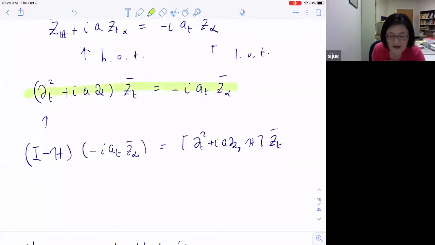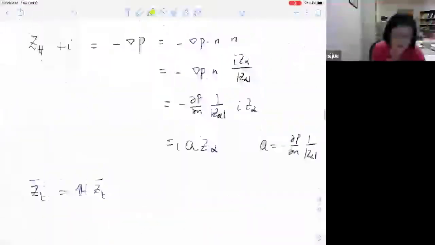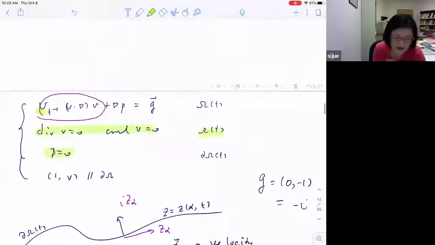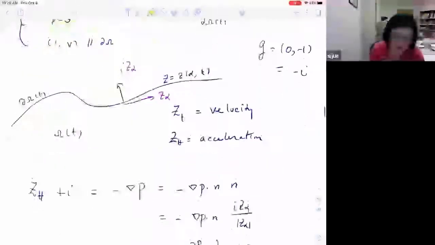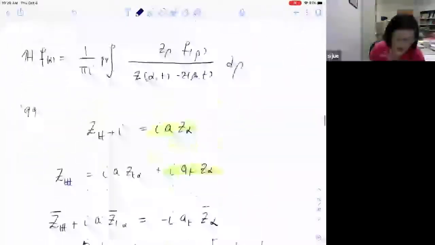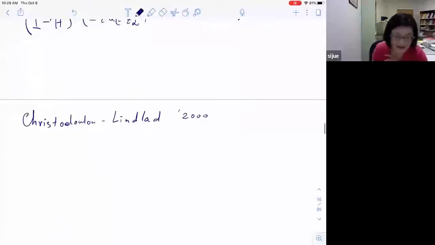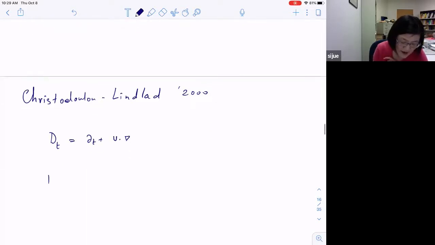is obtained by taking one material derivative of the Euler equation and restricting to the boundary. So you look at the Euler equation, you write this as a material derivative, and we write the Euler equation like this, equal to the gravity.